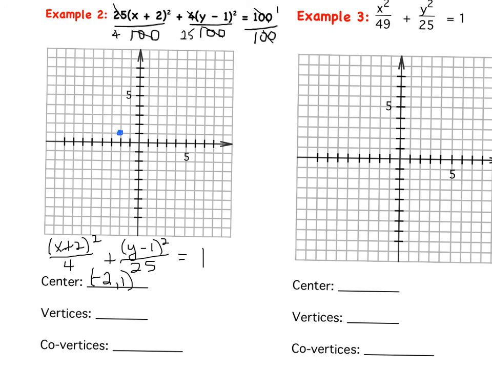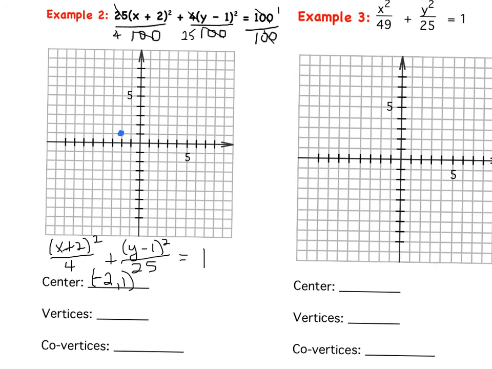So now we need to find the vertices. We're always going to say that the major axis is A, so we're going to look at A squared equals 25, so A equals 5.